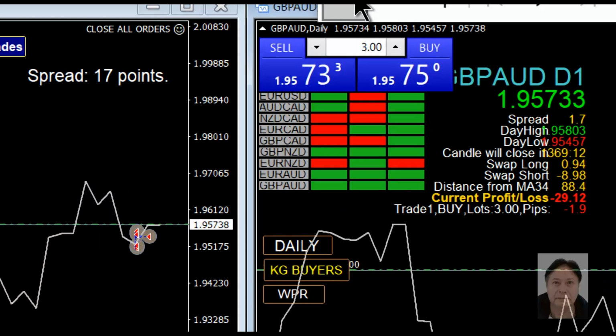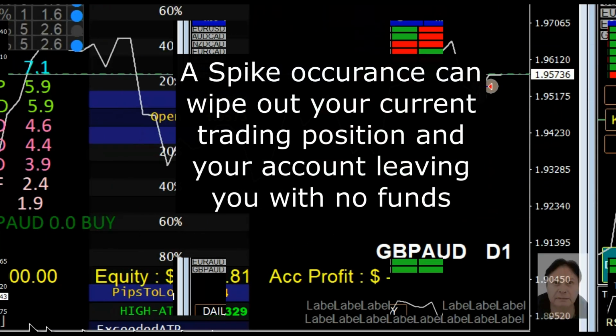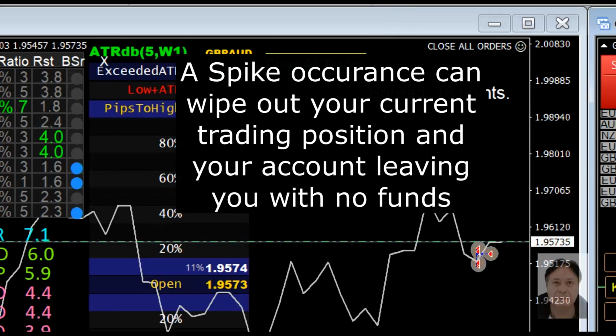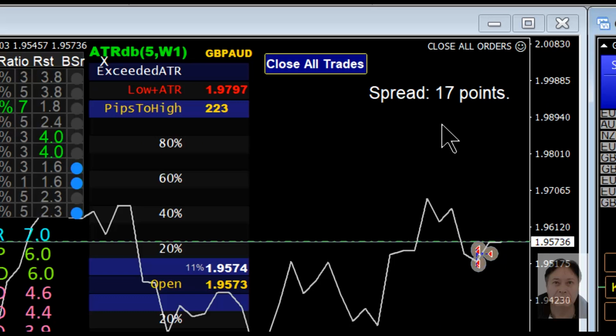But having said that, you should set a stop loss as well. I don't normally set a stop loss, but you've got to do it because there are spikes. That means the currency pair might fluctuate so much that one currency will go the opposite way to yours. Okay, now we're -32.29. It will always be a minus because of the spread. If it's a 2 spread, then it can easily catch up, because it's 16. It could take a bit of time for it to catch up.